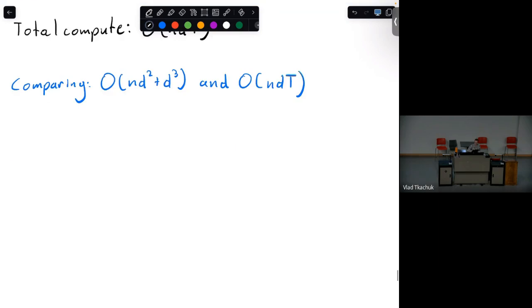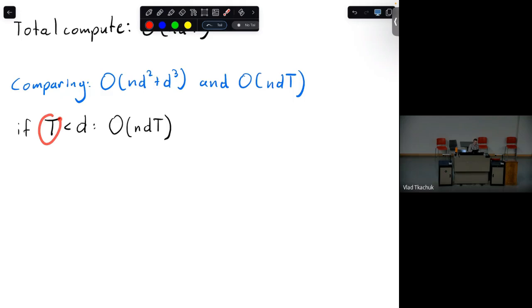That's pretty straightforward, actually. If the total number of iterations you're going to do in gradient descent is less than the dimension of your features, then this is very easy, and this is really the case we'll look at. So if this is true, then the runtime of gradient descent is n d T. But T is less than d.